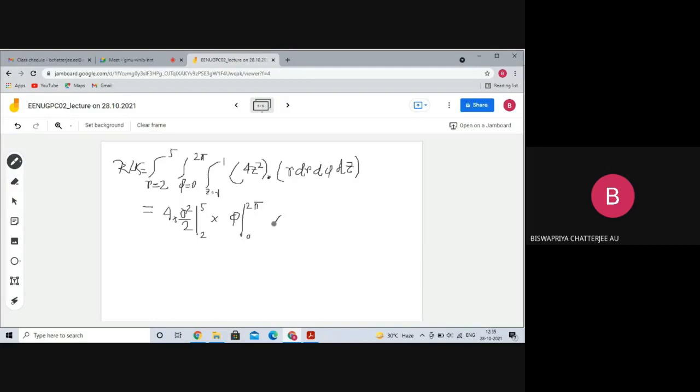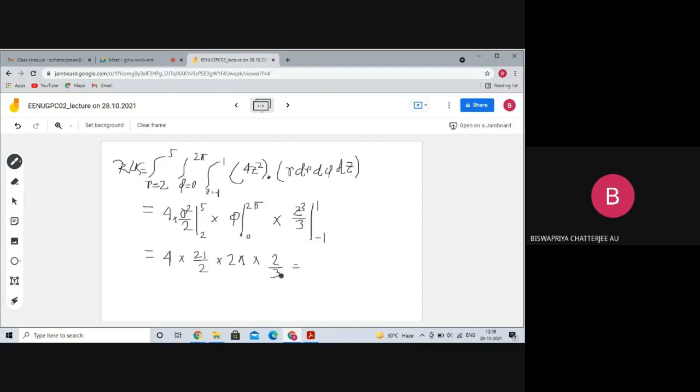Then your last term z square, it will be z cube by 3, so you place limit -1 to 1. So 4 multiplied by, now r square by 2, so it is 25 minus 4, so it is 21 upon 2, into 2 pi, into 2 by 3.